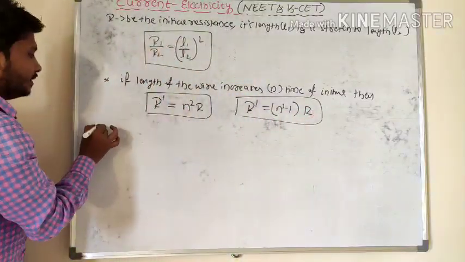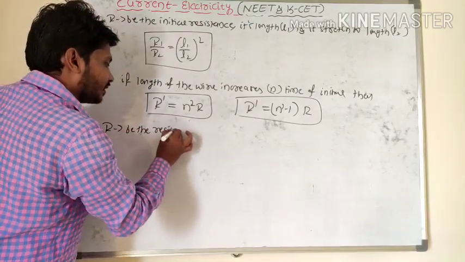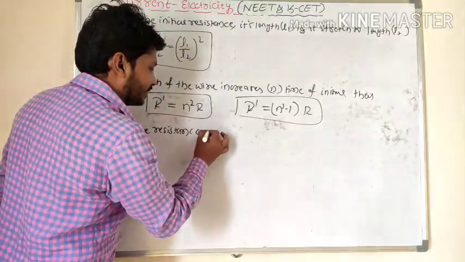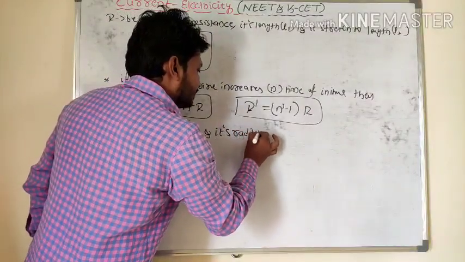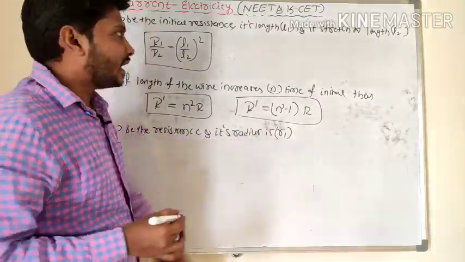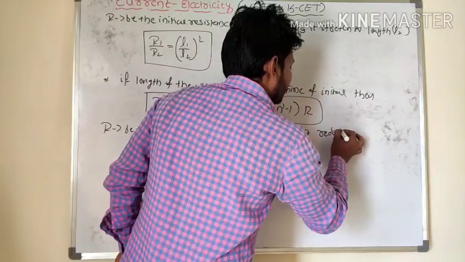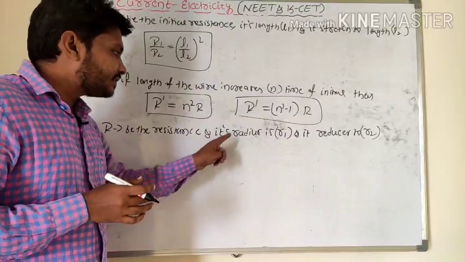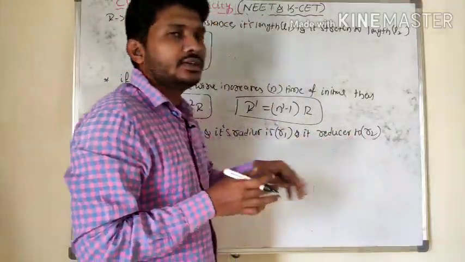Similarly, R is the resistance of the wire and its radius is R1. Let the initial radius be R1, and it reduces to R2.